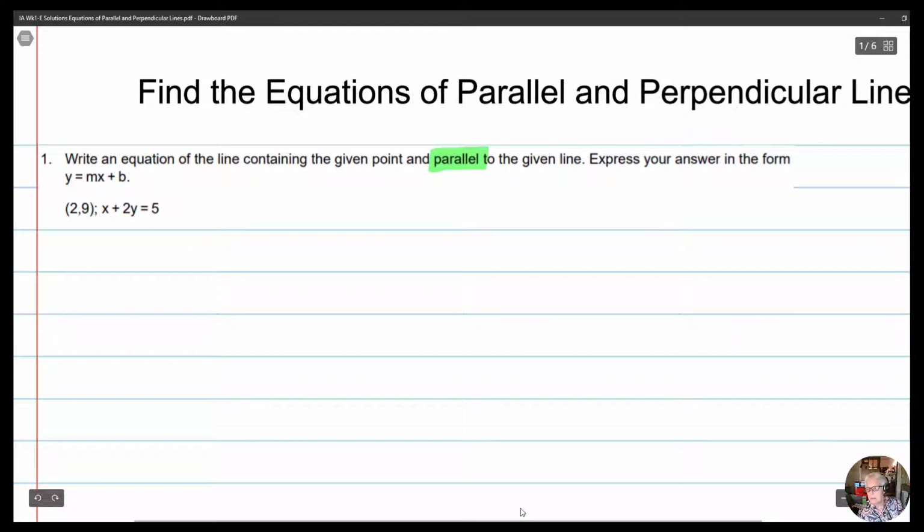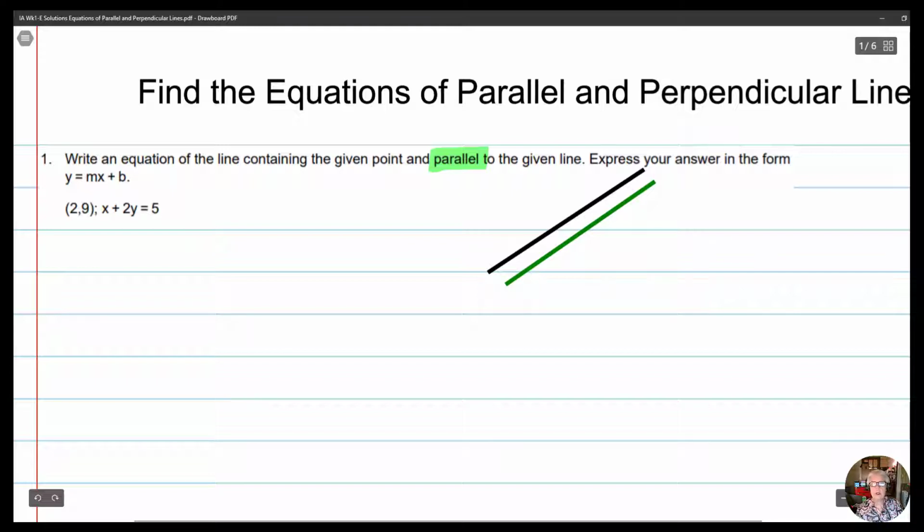Now you may remember, I hope you do, that parallel lines travel side by side. I'm going to make a picture of it the best way I can, which won't be excellent.